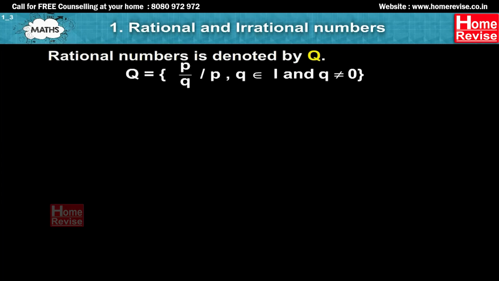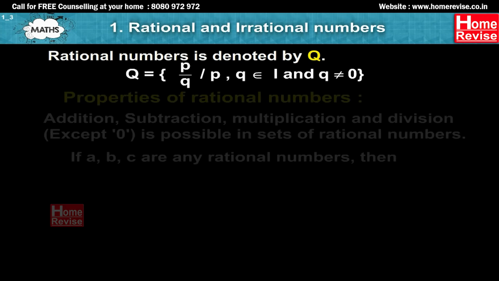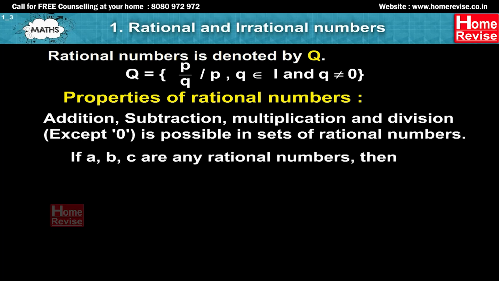A rational number is indicated by capital Q. Q is equal to curly brackets p upon q, where p and q belong to I, that is integers, and q is not equal to 0.